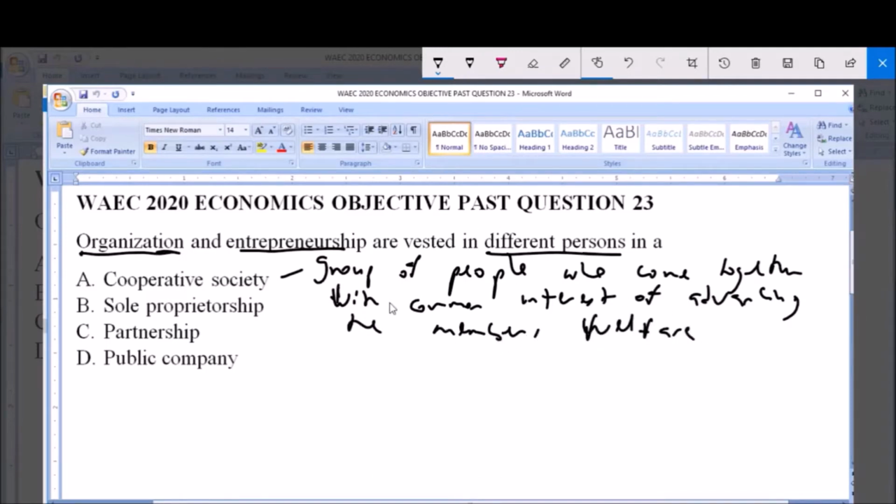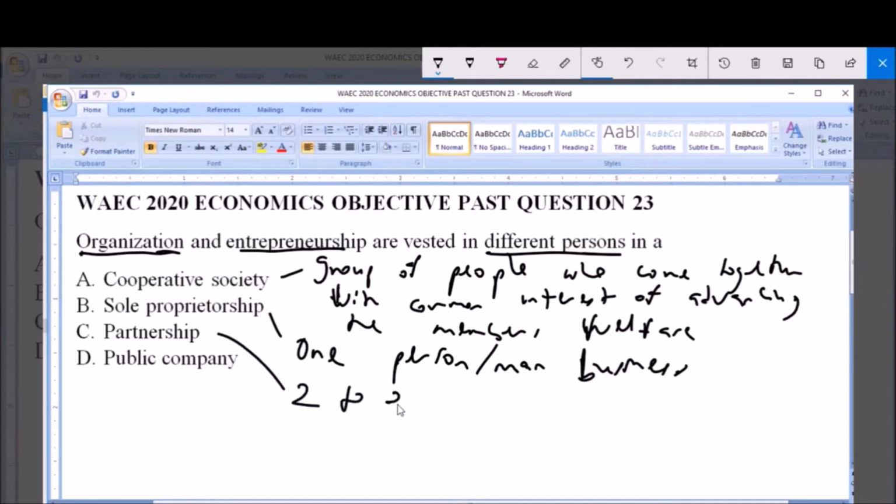So that is the common interest of that group of a cooperative society. Now a sole proprietorship is a company that is run and operated by one person. So a one person or one man business is what is called a sole proprietorship. Then partnership is made up of 2 to 20 people, a collaboration of 2 to 20 people to start up a firm.